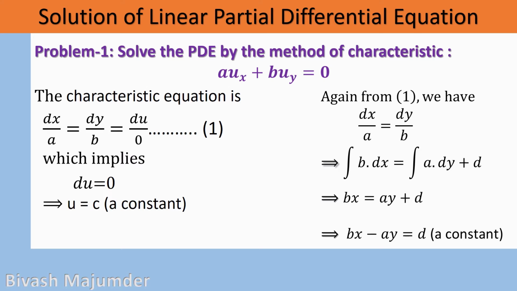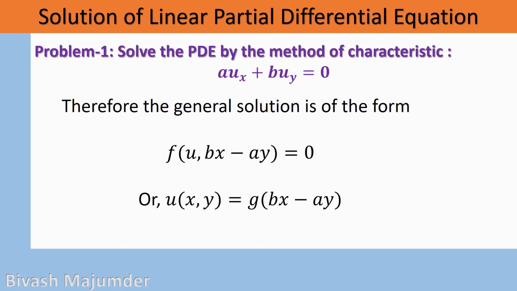Integrating both sides and simplifying, we get bx minus ay equals constant d. Finally, the general solution is f of u, bx minus ay, or it can be written as u(x,y) equals g of bx minus ay.